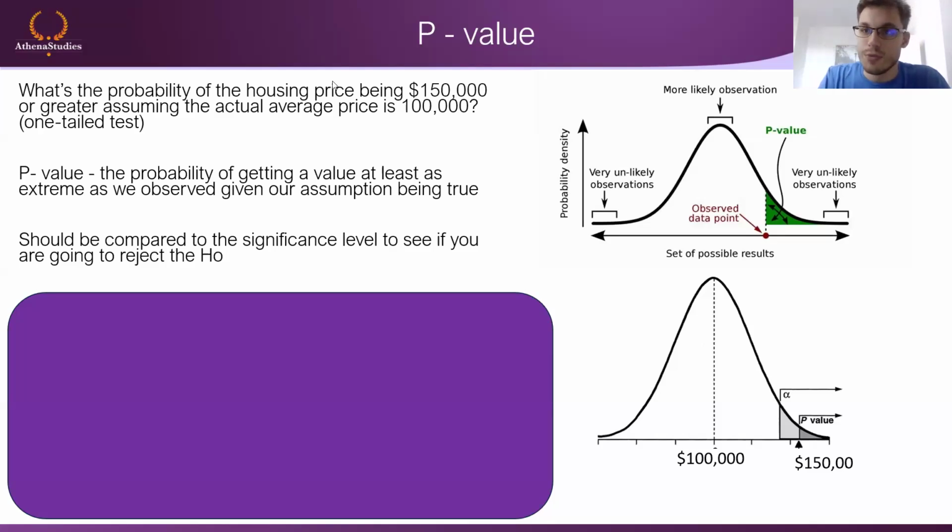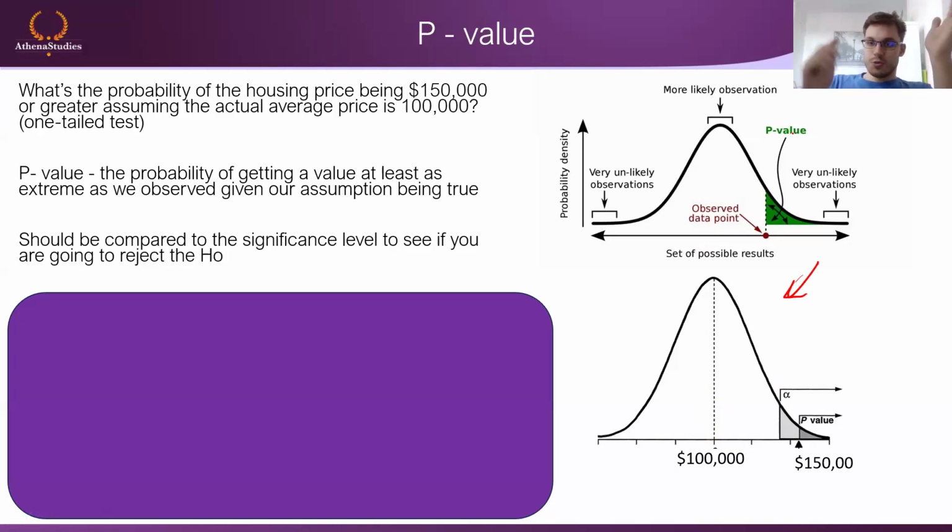Sorry. So you can see here on this picture, we have a set of possible results. This is what we could have gotten, right? Our assumption is that 100,000 is the true value, so that's the mean, in the middle.